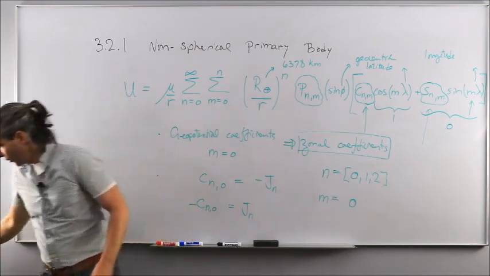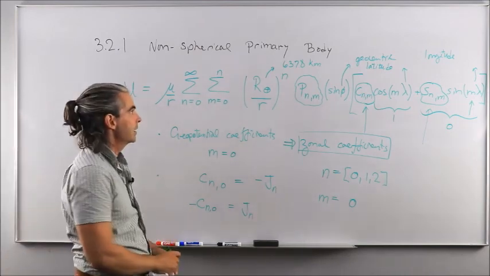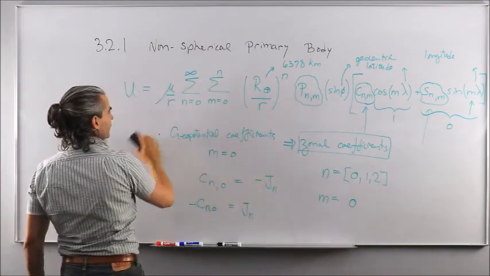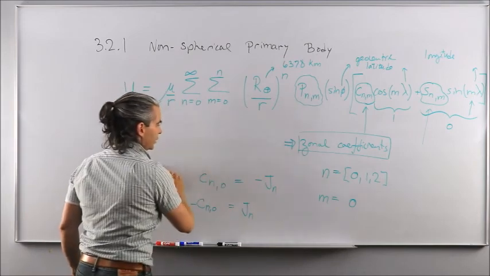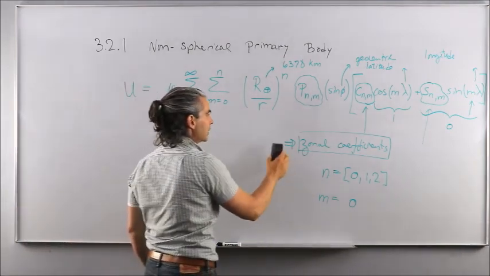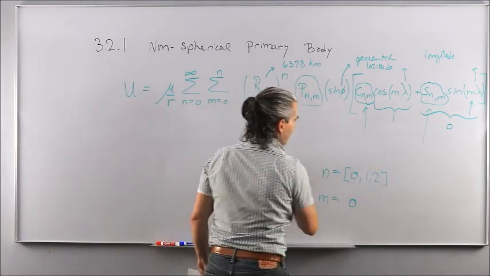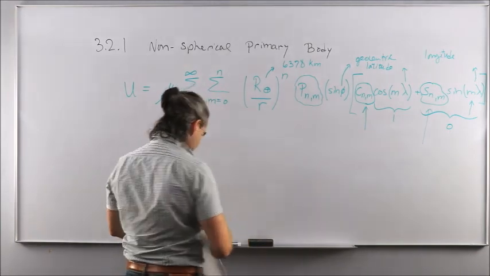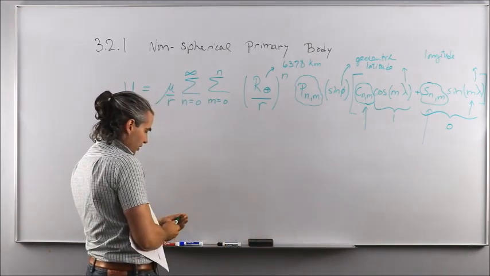Now let me first go back to what I said previously, which is the geocentric latitude. So let me define it graphically so that you understand the difference between geocentric latitude and geodetic latitude. Those are two different things. So it is important to specify which one of these we are talking about.